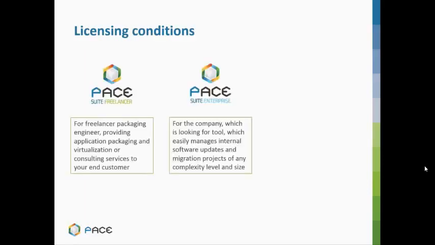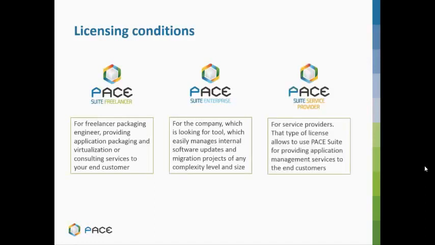A couple of words about each of them. Actually, the functionality is the same for all the 3 types of licenses, which means that the whole list of functions that was described in the beginning of the webinar is available for all the 3 licenses, while they are different, of course, in price and in the type of the end user.